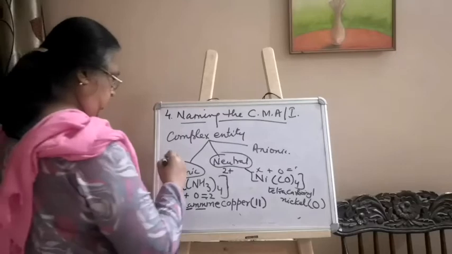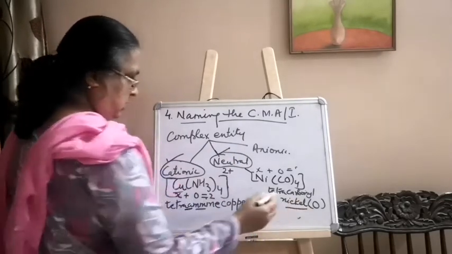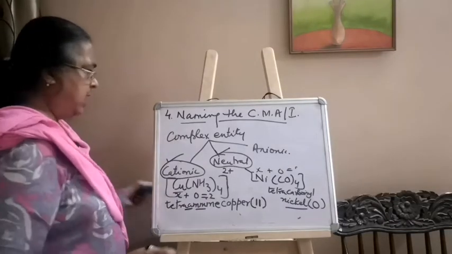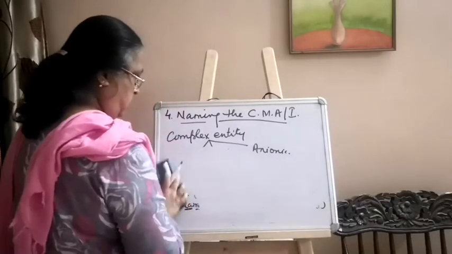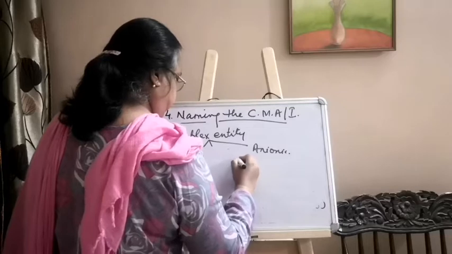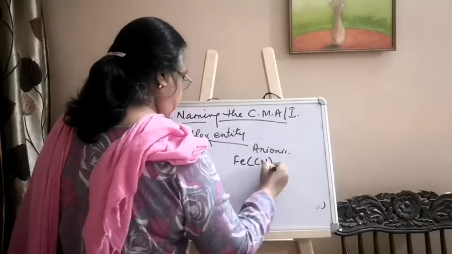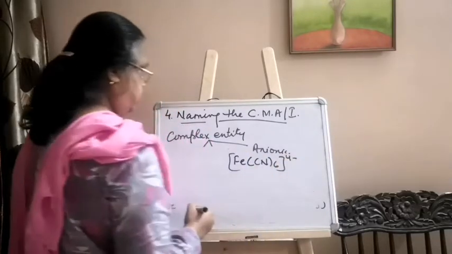So for cationic and neutral, the name of the metal is written as it is, no change. But for an anionic complex entity, you have to be careful. Example, we have [Fe(CN)6]4-.